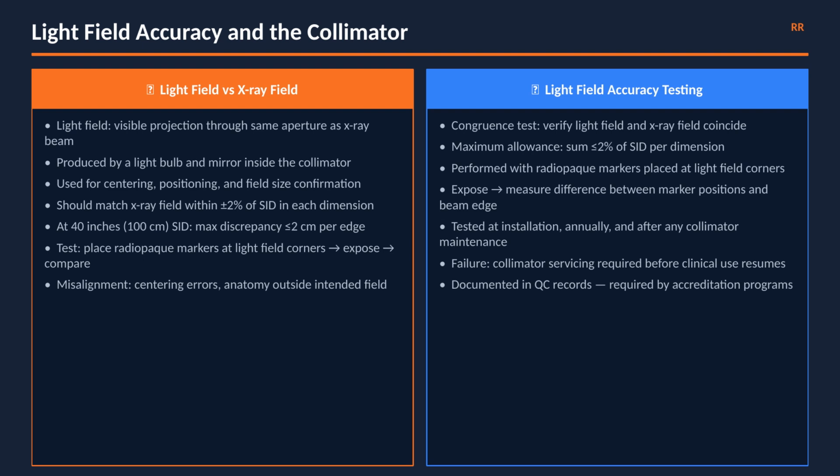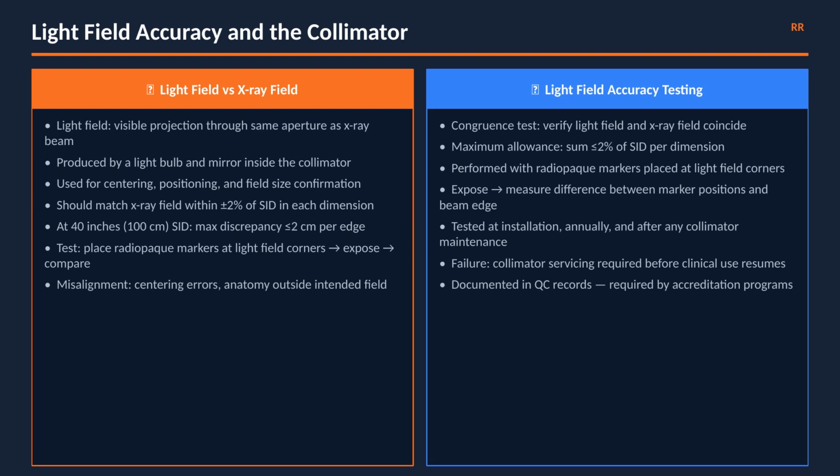Maximum discrepancy per edge. The test: place radiopaque markers, pennies work, at the corners of the light field. Expose the X-ray field. Boundaries should align with the marker positions. If there is a discrepancy, measure it and compare to the 2% of SID tolerance.